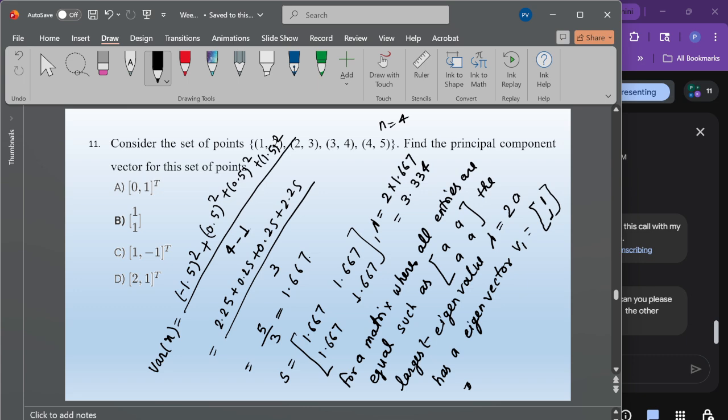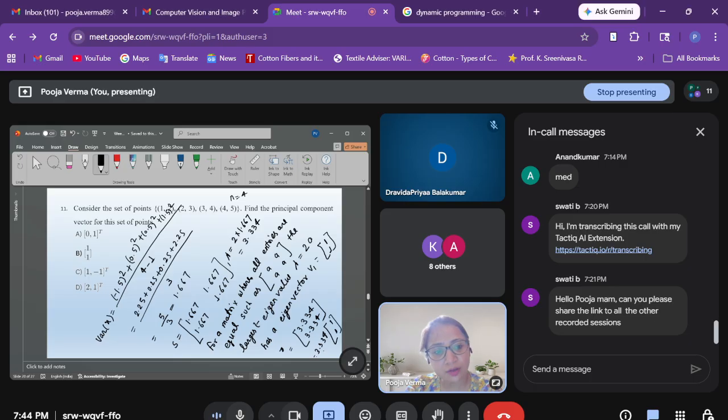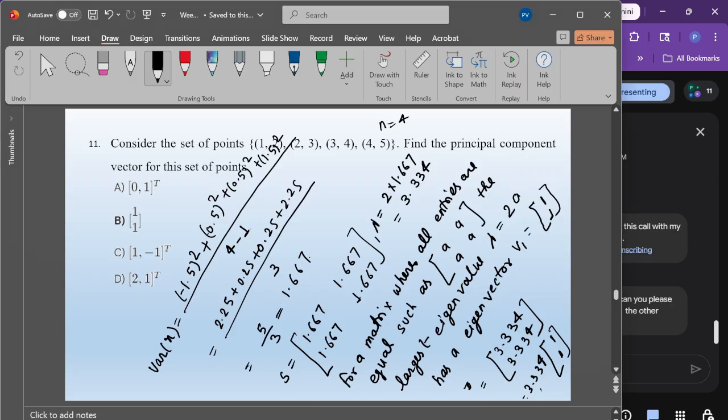So the eigenvector that we will get here is 3.334 and 3.334. If we take out 3.334, the eigenvector that we get is 1, 1. If we just remove the constant part, we will get the eigenvector 1, 1.